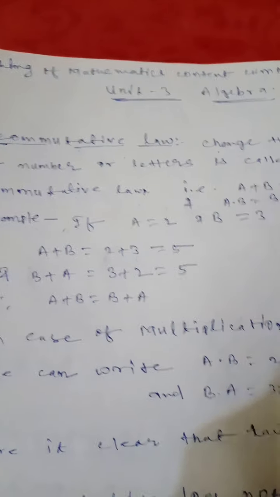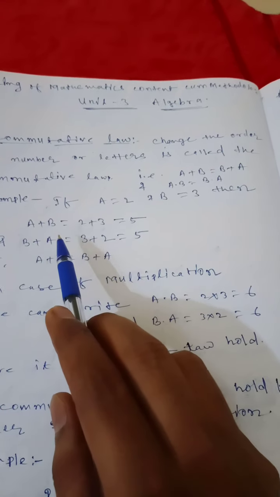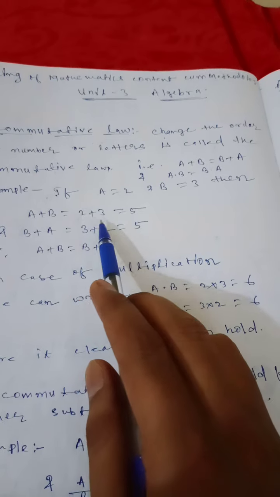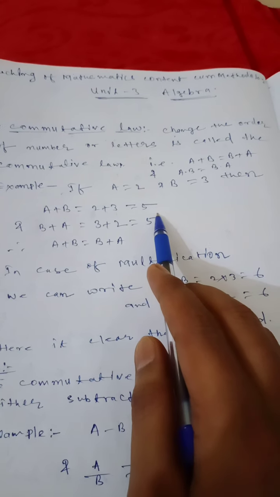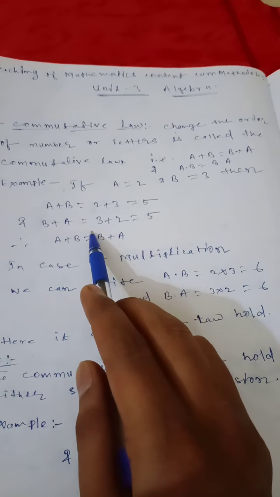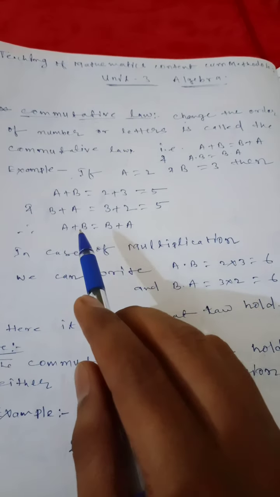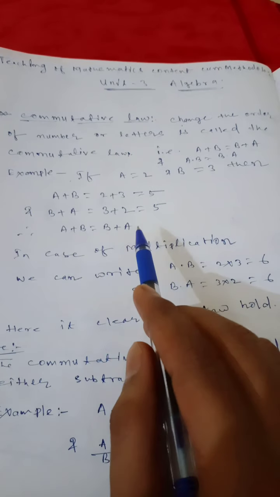For example, if a is equal to 2, b is equal to 3, then a plus b is equal to 2 plus 3 is equal to 5, and b plus a is equal to 3 plus 2 is equal to 5. Therefore, a plus b is equal to b plus a.